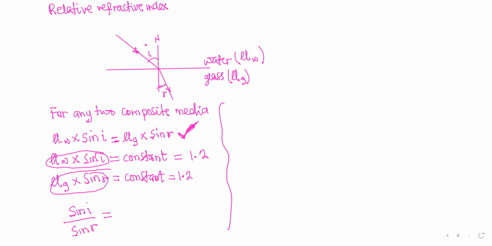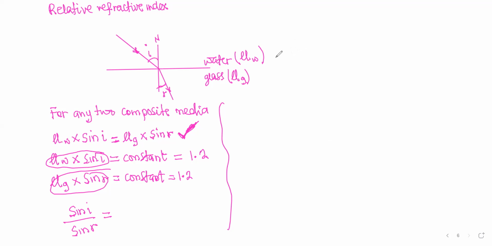So you get mu G over mu W. Write that in your notebook. From this equation, I'm making sine I over sine R the subject.